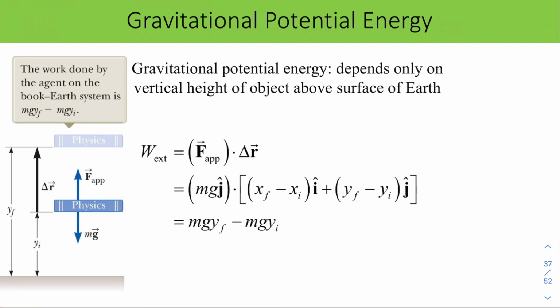Regardless of whether the book is moved straight like this or in this manner, whether it's moved by the applied force straight upward or in this way, the y initial and y final are the same. So still we have delta U, or mgy final minus mgy initial, equivalent to W external.